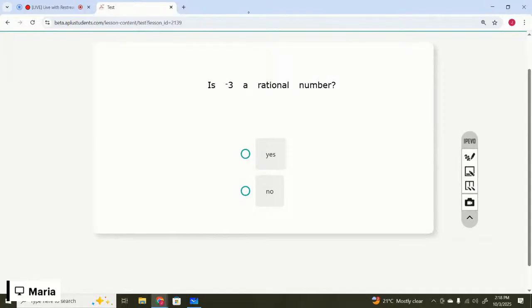Is negative 3 a rational number? Yes, it is. We can write it in the form negative 3 by 1. So it is a rational number.